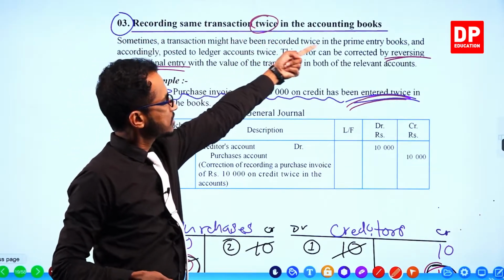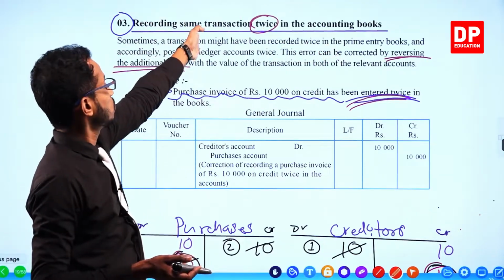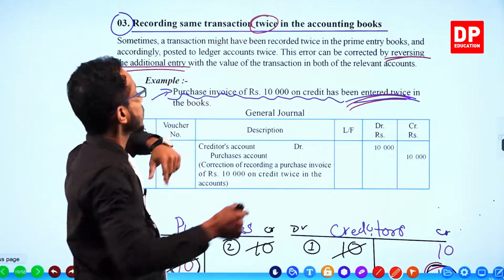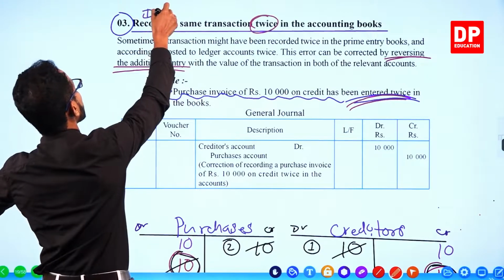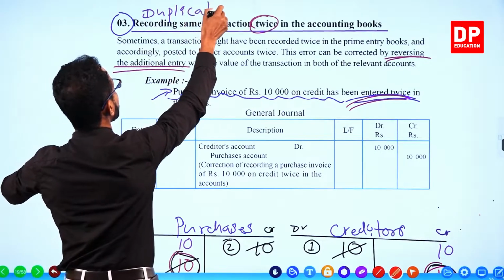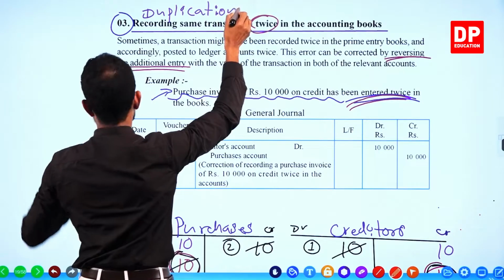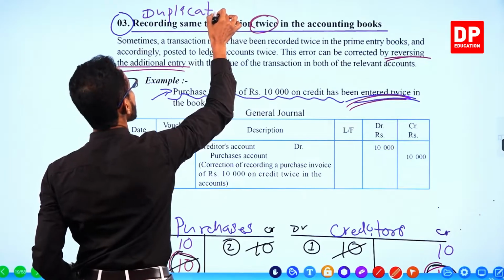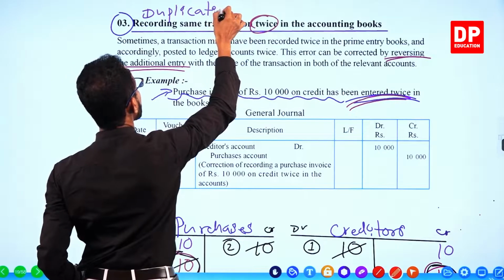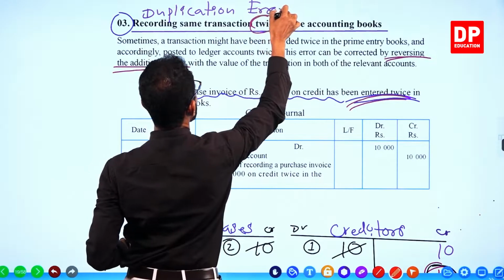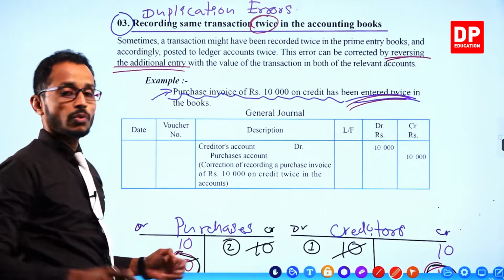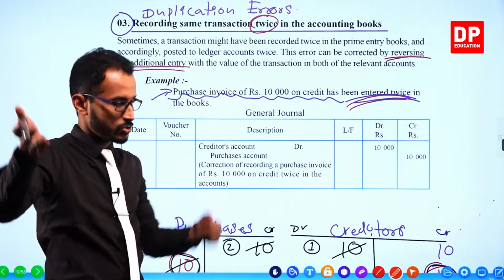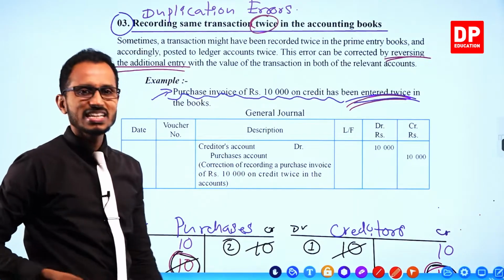Recording same transaction twice. These are called duplication errors. We know what to do now, okay? You know. Reverse the double entry.